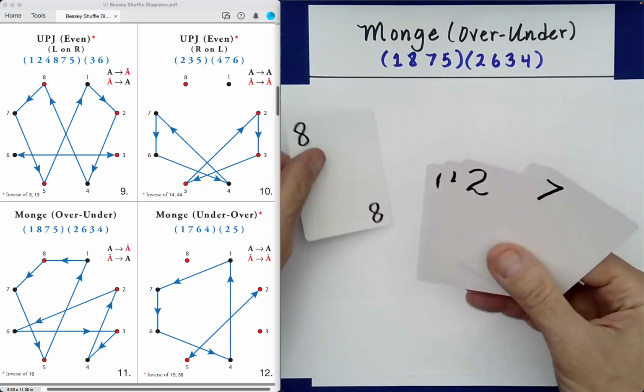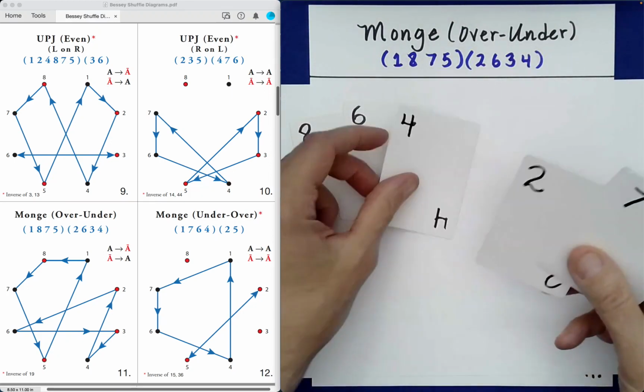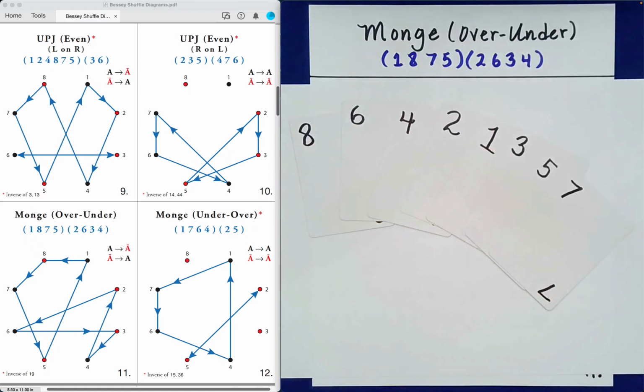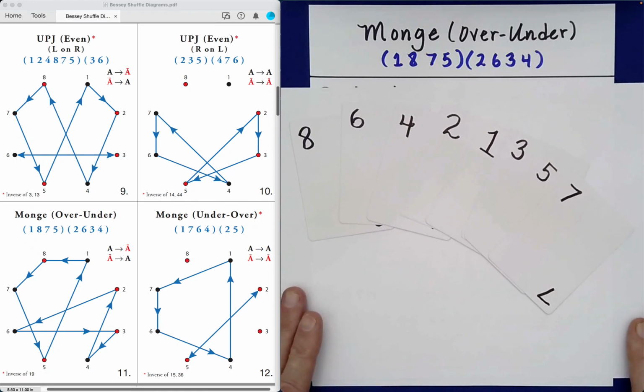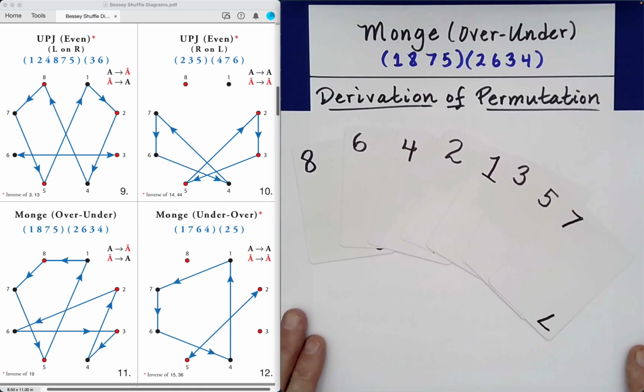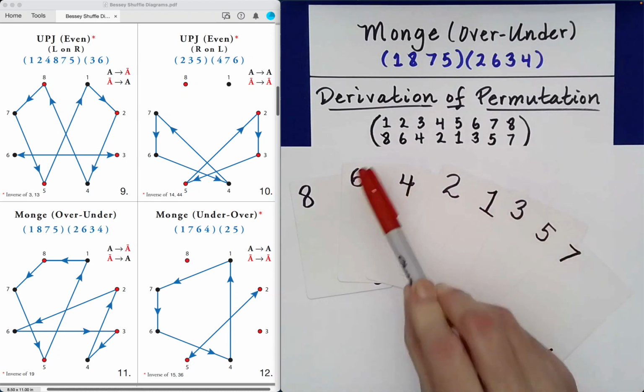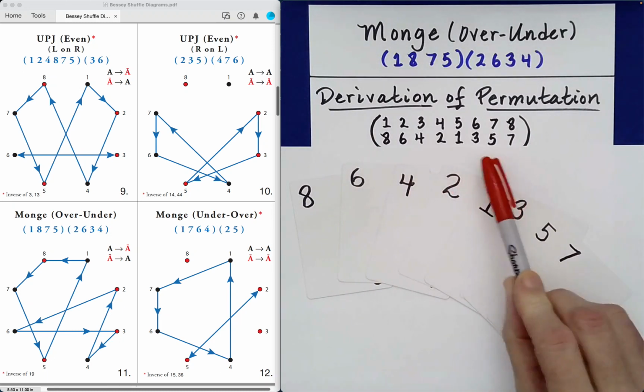So what is the new ordering that we get? Well, it's 8, 6, 4, 2, 1, 3, 5, 7. So if we come down here, that's what I've written up for the Cauchy two-line notation for our permutation. It's going to be 8, 6, 4, 2, 1, 3, 5, 7.